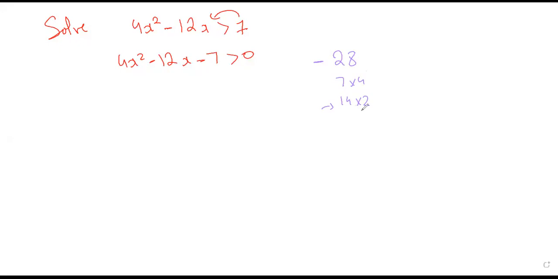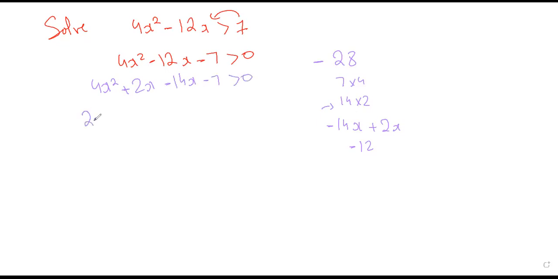And this means that we will have minus 14x plus 2x, right? Because this will give me minus 12. When I multiply them, I get minus 28. So 4x square, let me write down this way, plus 2x minus 14x minus 7 greater than 0.